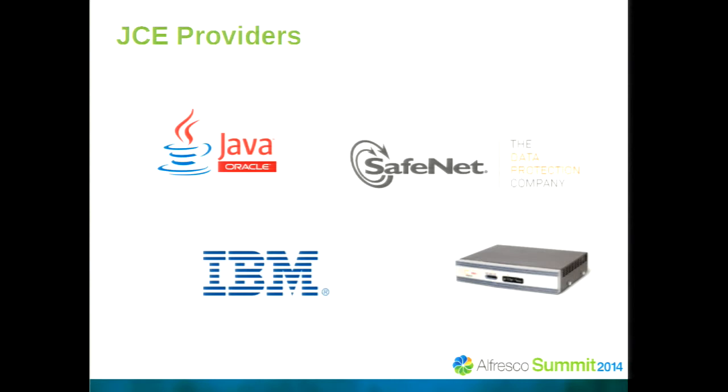This is all software, as well as Bouncy Castle. There are also hardware options available. I have one on here that I've worked with in the past. It's literally a hardware device that you plug into a server. It could be a card. They come in different shapes and sizes. But the idea is it has an API layer.